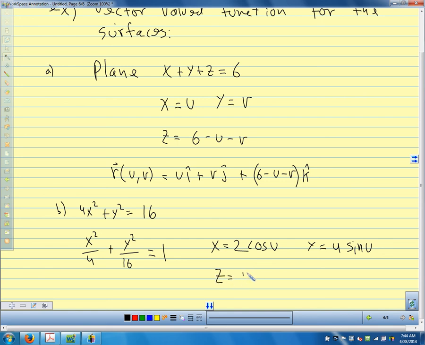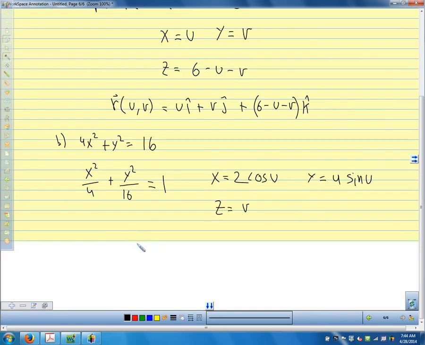So z equals v. So our parametric surface, r of u and v, is going to be 2 cosine u i hat plus 4 sine u j hat plus v k hat. There we go. And that would be a parametric representation of that elliptical cylinder.